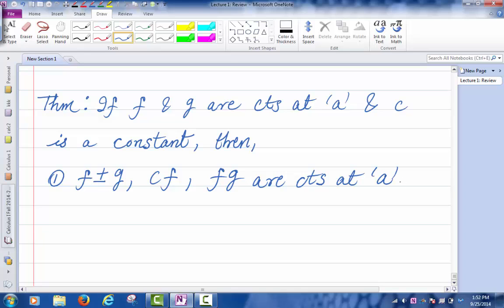So what this is saying basically is that if two functions are continuous at a number, then their sum, their difference, their product, their multiples, they are all continuous at a as well.